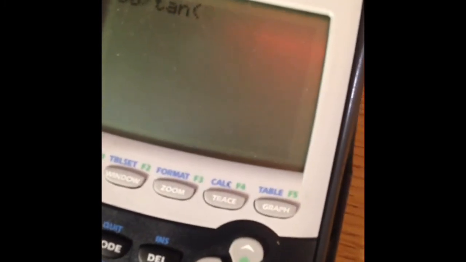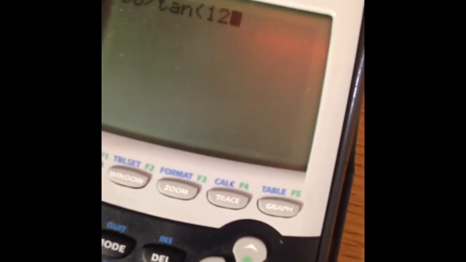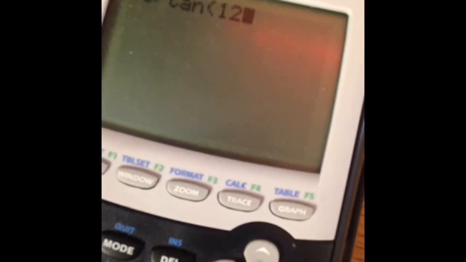You punch in on your calculator 60 divided by tangent of 12, which is your angle. And that will give you your x, or your missing side.